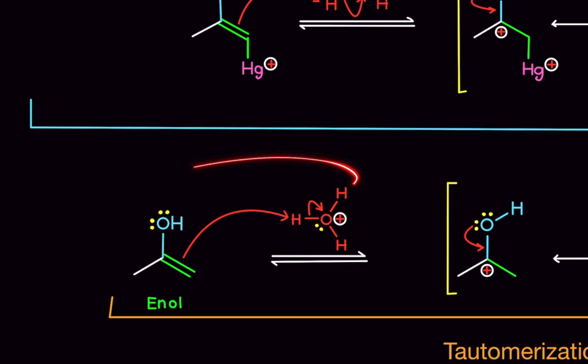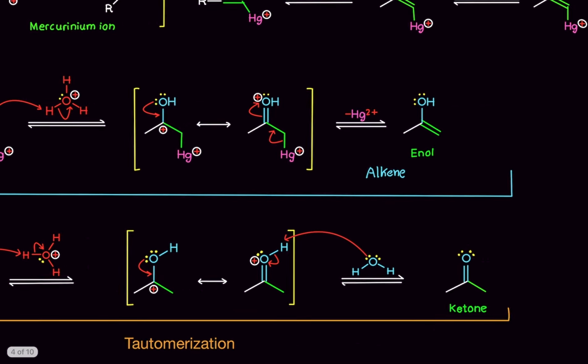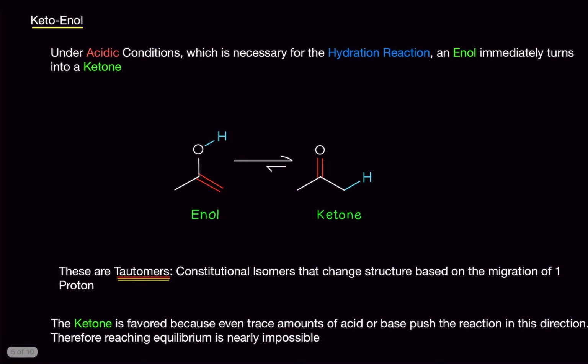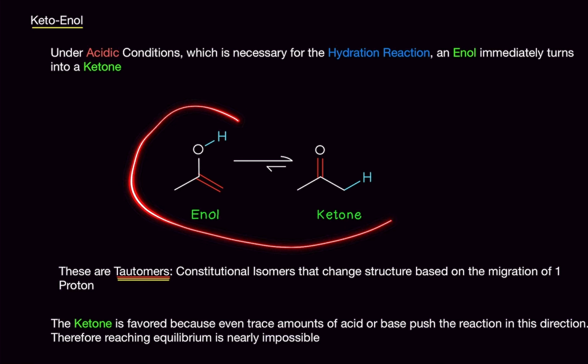We're in acidic conditions here. This is hydronium. This is all in a beaker. We have the enol. That is why we get the ketone. It pushes all the way to the ketone. So this is what keto-enol is. And this is called tautomers. Tautomers are constitutional isomers.